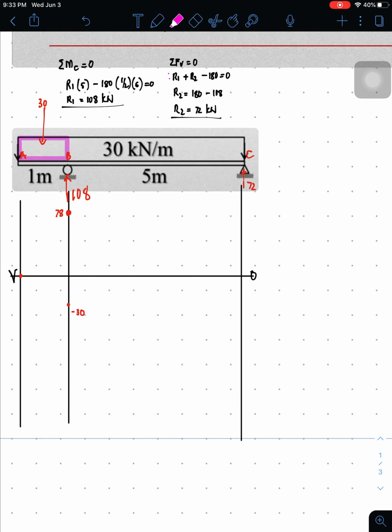How to get the area? It's 30 times 5. Okay, it's just a rectangle. So 30 times 5, that's 150.